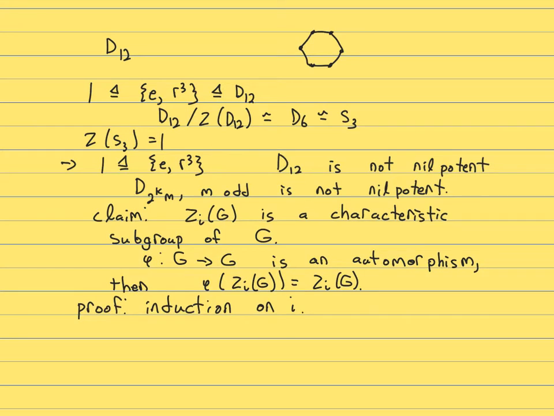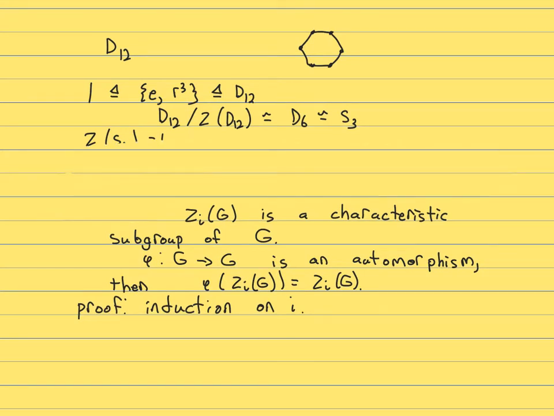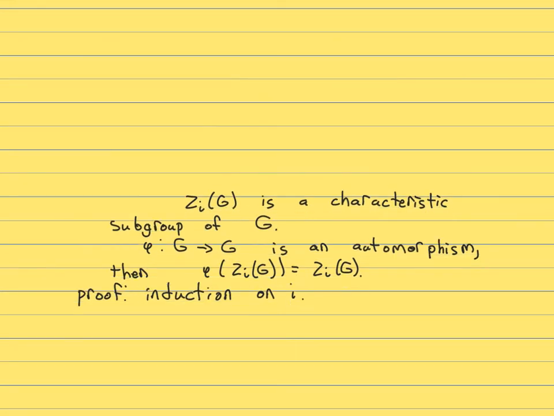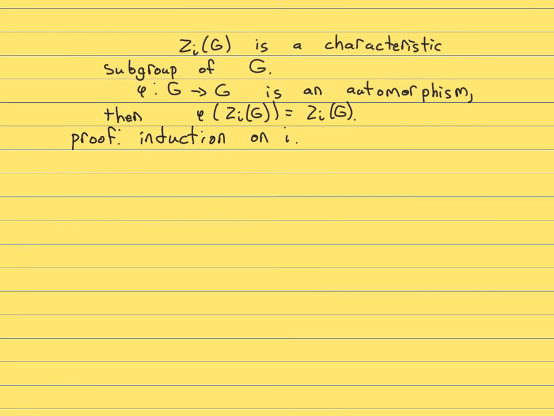So now that I'm done with this example, let's clear up some room. And so what I can leave for you to figure out is to prove that the center is characteristic.